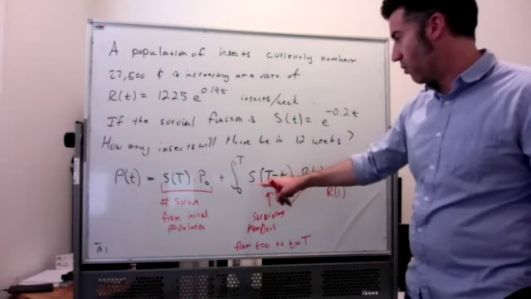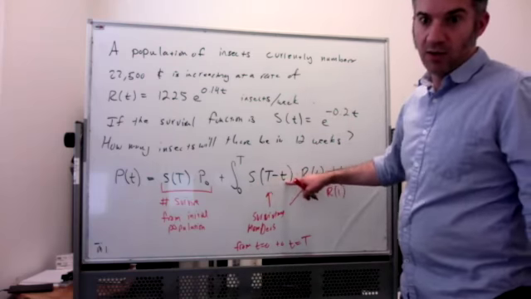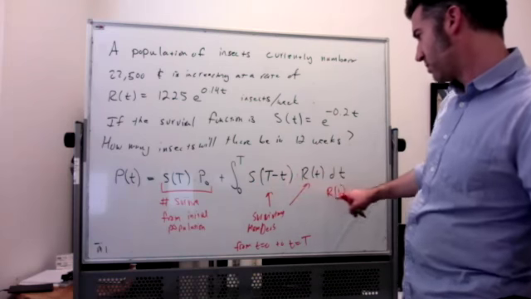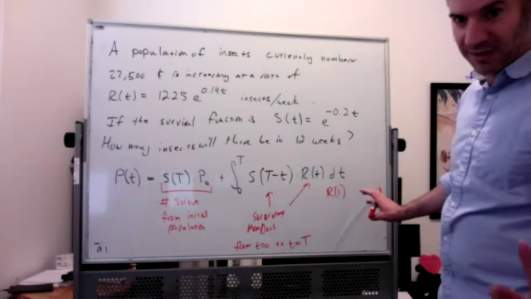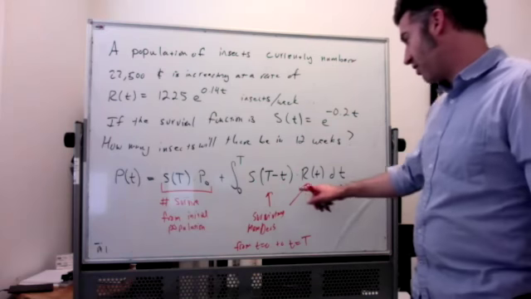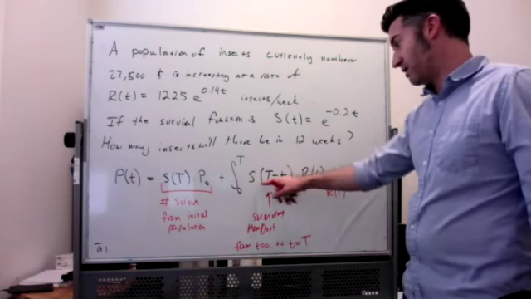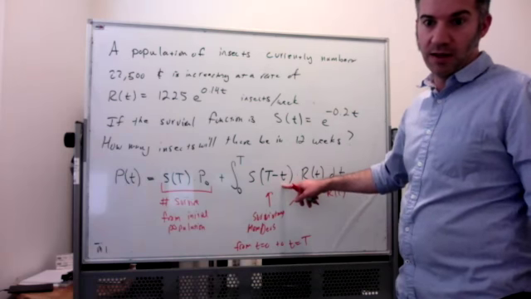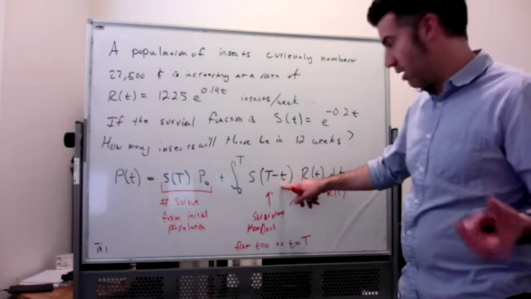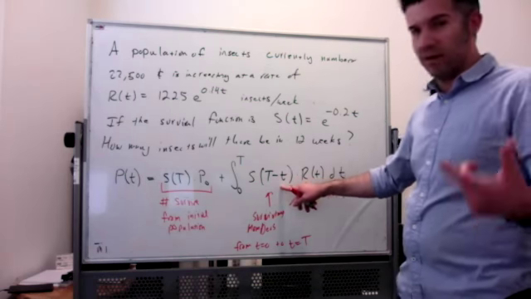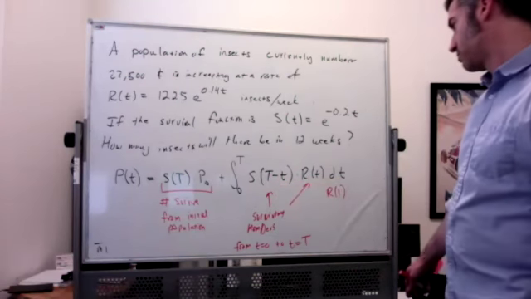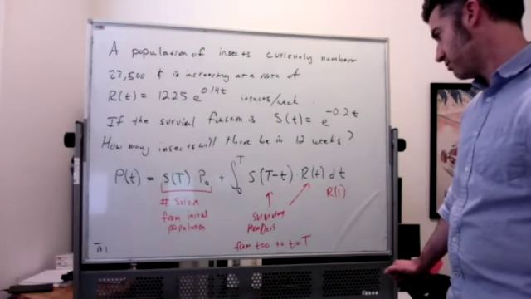And then S of T minus 1 would be the percent of insects that survive T minus 1 weeks. It's easy to make mistakes when you have two T's here.